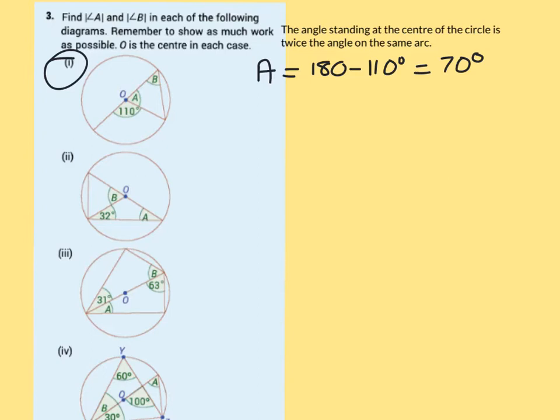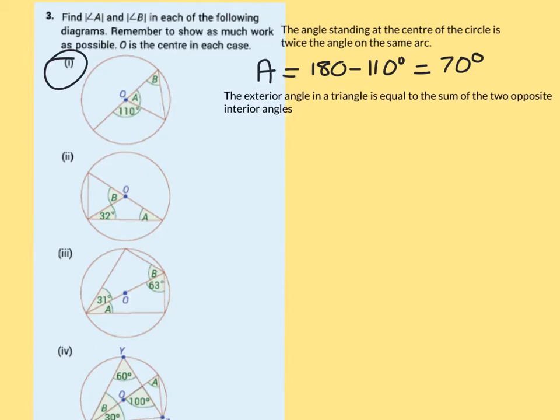Now, one of the other theorems that we covered was, and I'll type it because I know you can't bear my writing, the exterior angle in a triangle is equal to the sum of the two opposite interior angles.